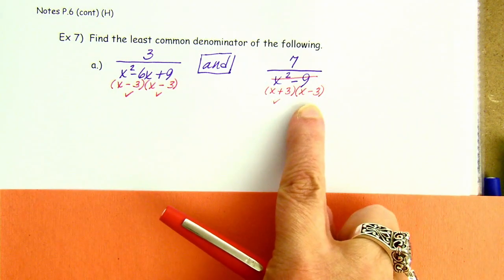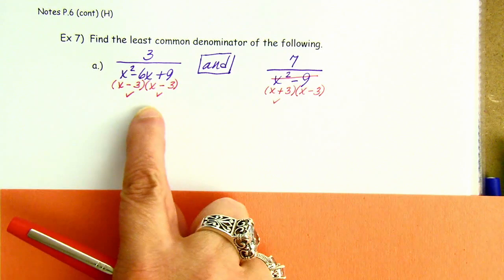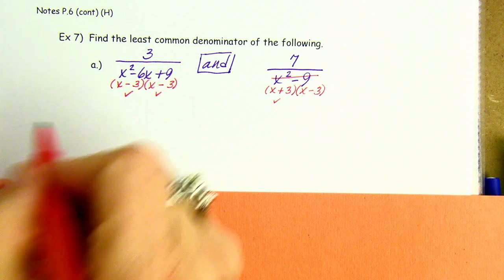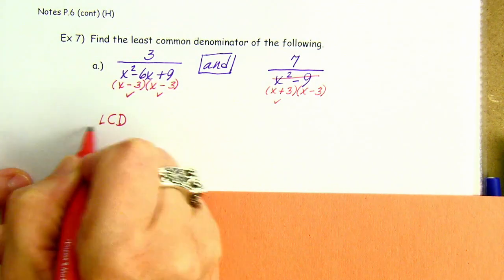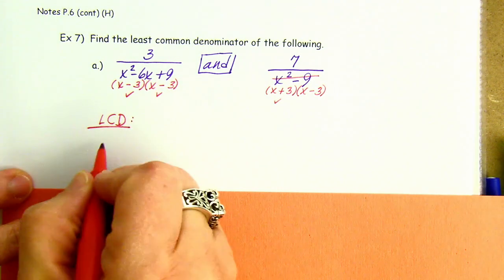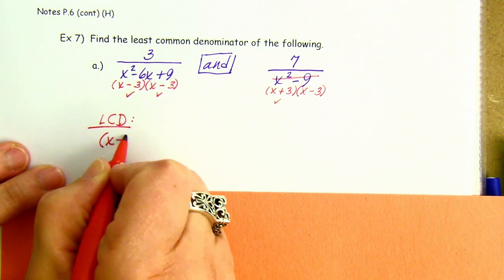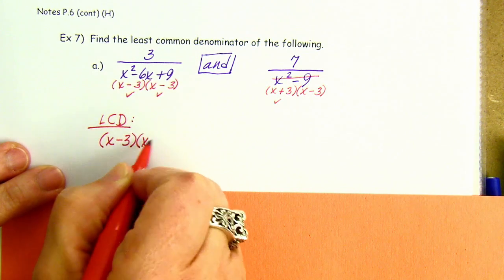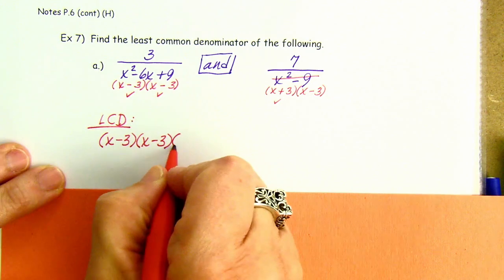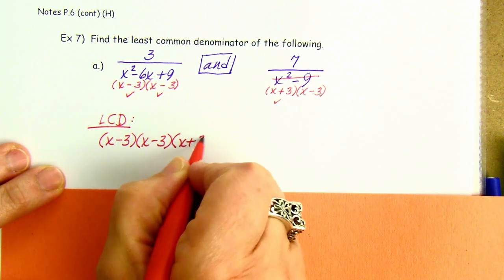Is there an x minus 3 in the list already? And you say, why, yes, there is. And so I don't need it again. So finally, I can then say my least common denominator of these two rational expressions is x subtract 3, x subtract 3, and also x plus 3.